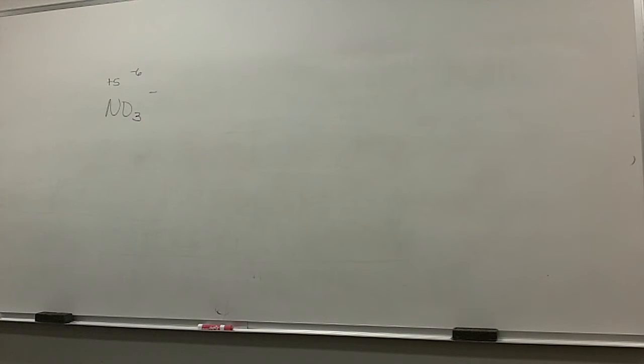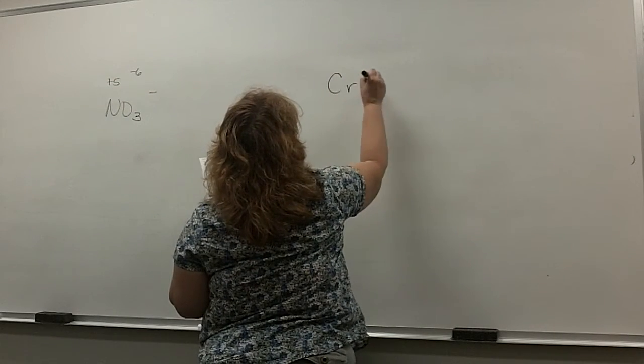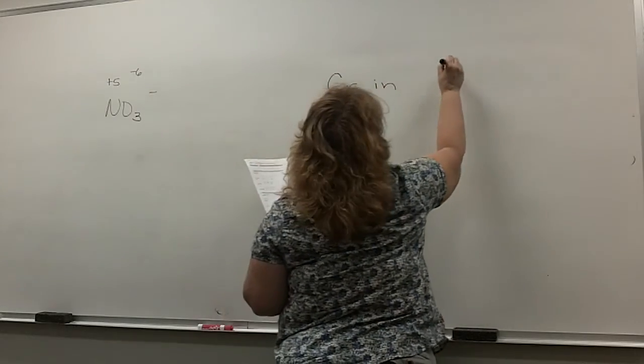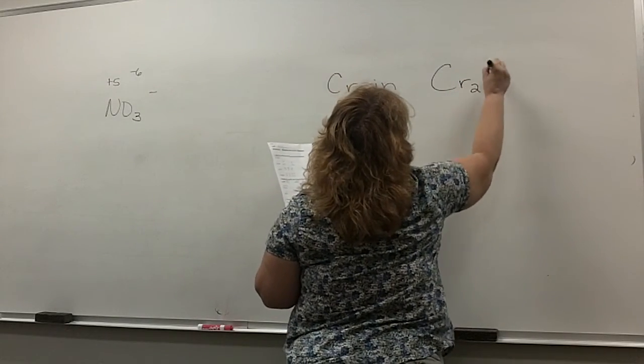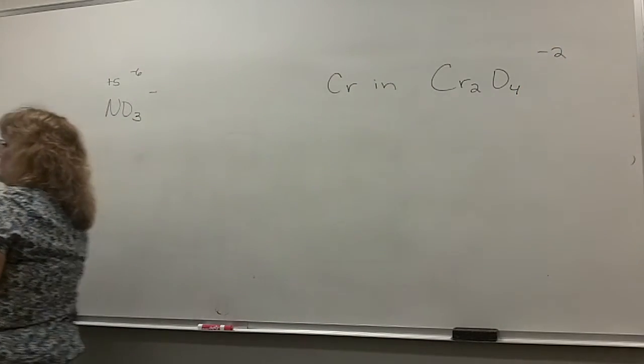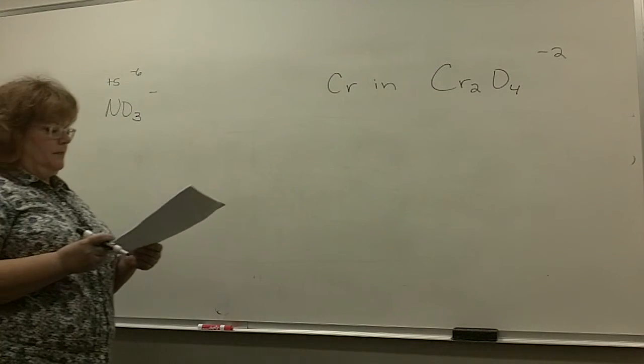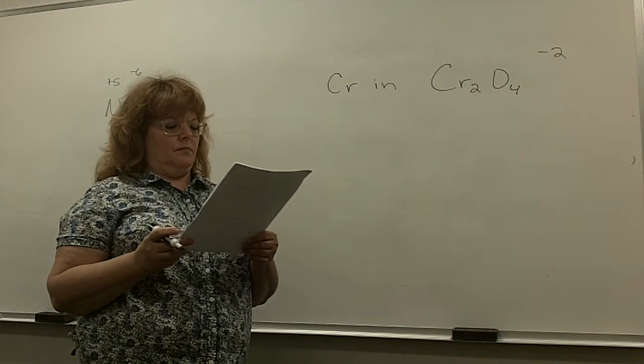Then we had to determine the oxidation state of specified elements. So Cr in Cr2O7 2-. So what's the oxidation state of the chromium? +3 for each, so +3 times 2 equals +6.